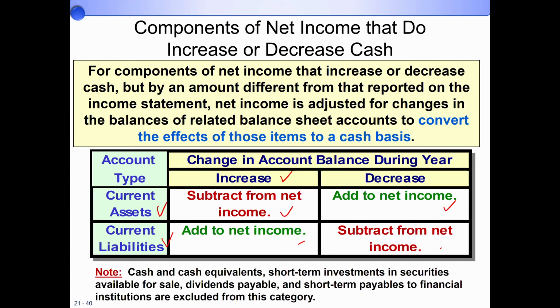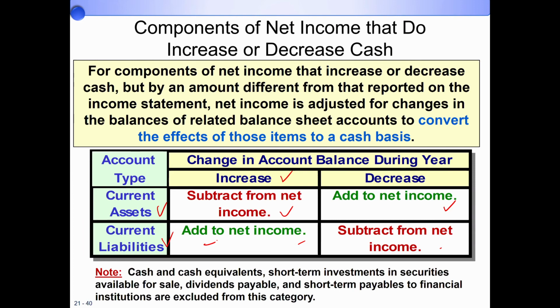That tells us relatively we made less payments, that's why we owe more. Relatively we made less payment compared with accrual-based accounting, so we keep more cash with us. Cash should be higher, that's why you need to add. And similarly, if it decreases, you need to subtract.